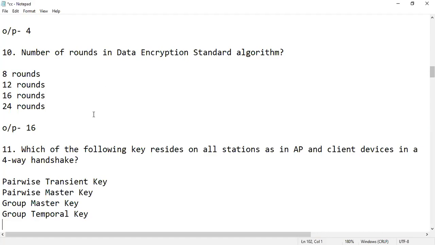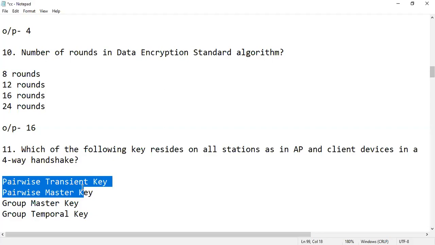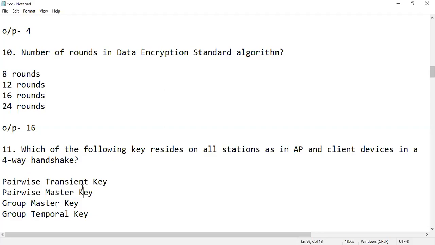Have you any idea? If we're talking about the four-way handshake, then we can, yeah, right. Some of the students are writing the correct answer. The answer for this question will be PMK, the pairwise master key, a cryptographic key which is used to derive lower levels of keys.